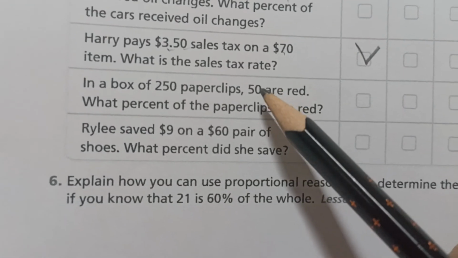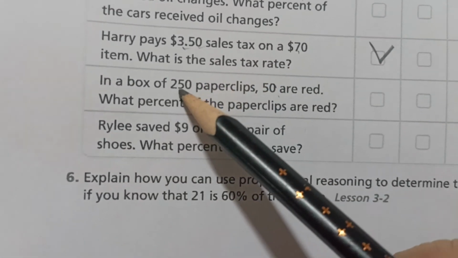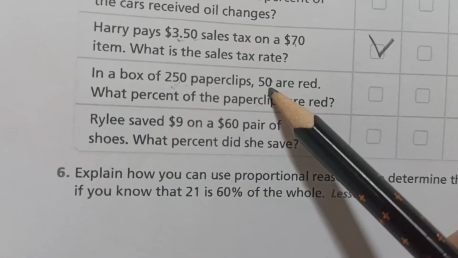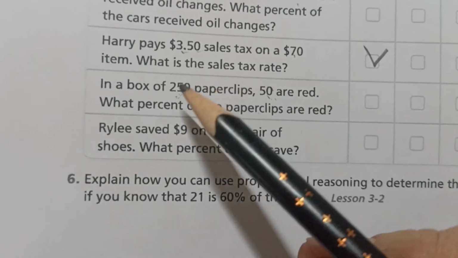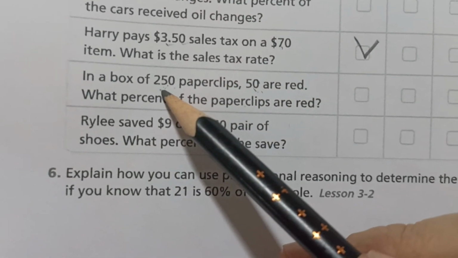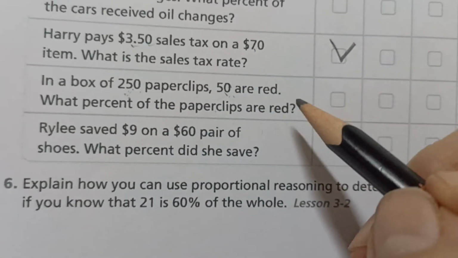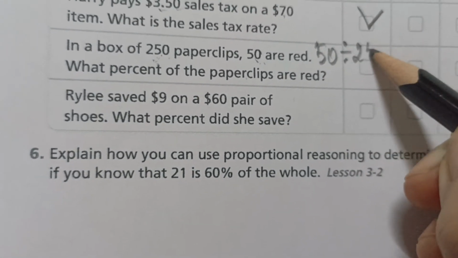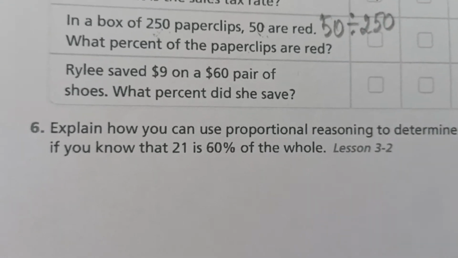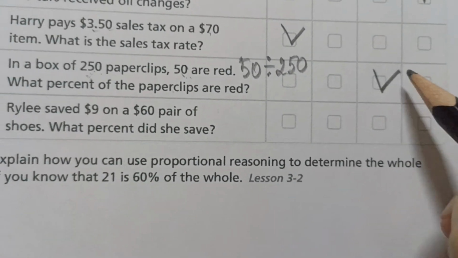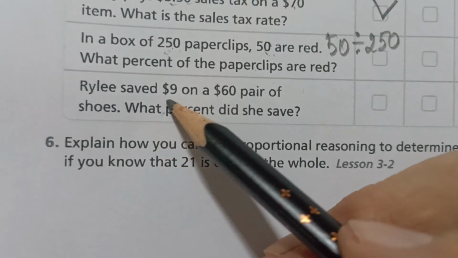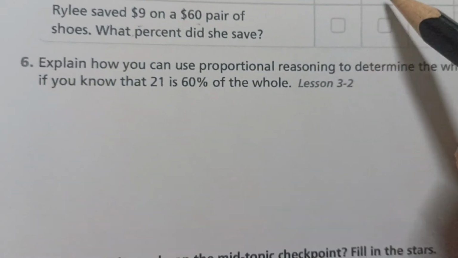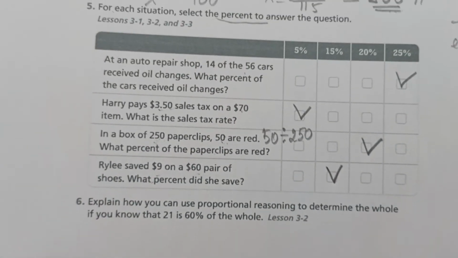Here you are dividing 50 over 250, don't divide 250 by 50, but vice versa, 50 by 250. And you will get that this is 20%. Here the same, 9 divided by 60, and multiply by 100. So this is easy.